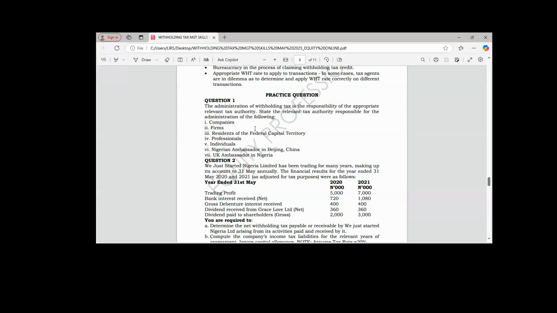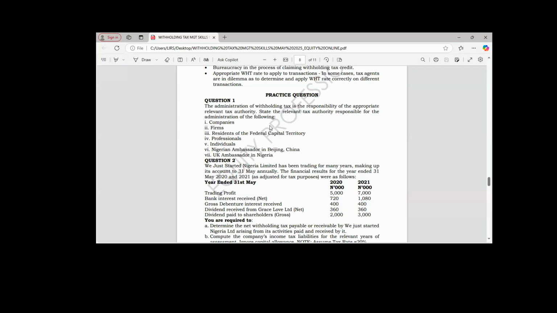Firms are a group of companies operating in the same industry. So with that information, who will be the relevant tax authority? Which tax authority do you think will be responsible? Federal, FIRS.